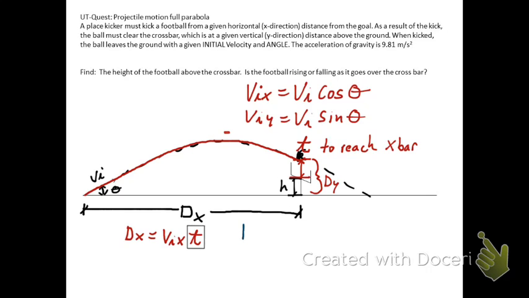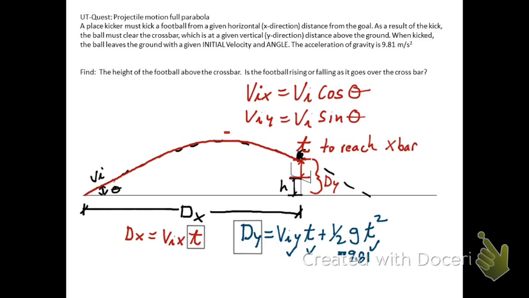Now once I have this information, I can plug it into this kinematics equation, and I can find my distance in the y as a function of time. I know all these quantities, so I can just plug it in. One common mistake I've seen a lot of students make is they forget to make g negative. That is a negative quantity in the y direction.